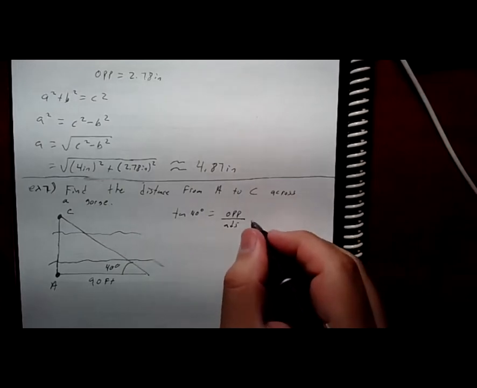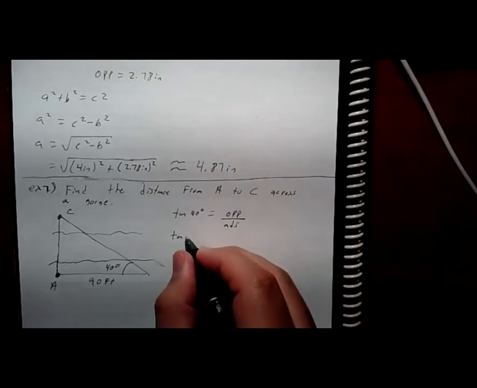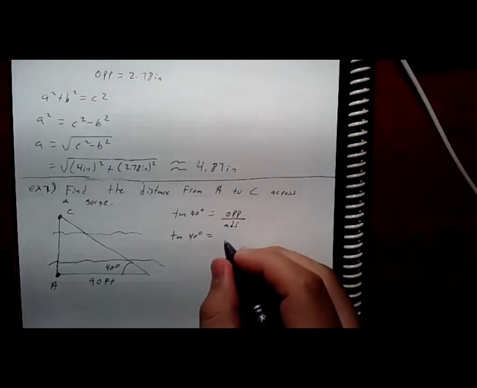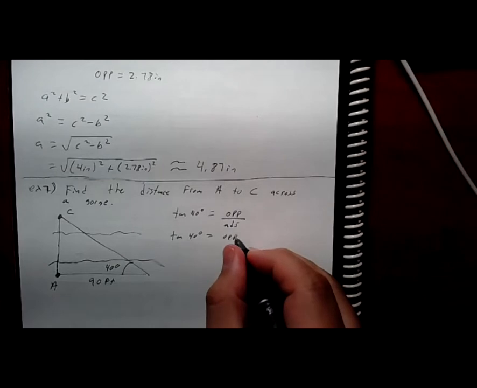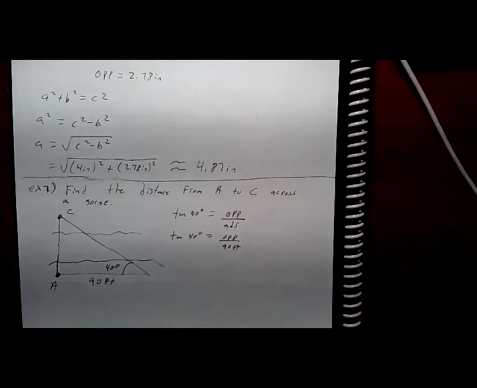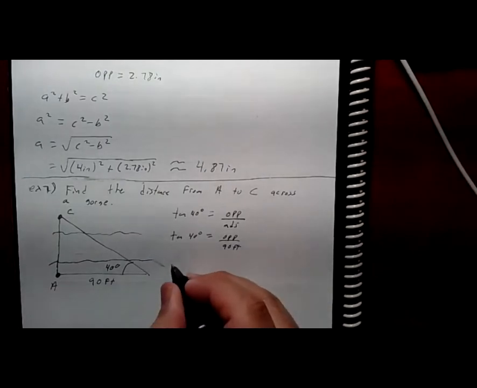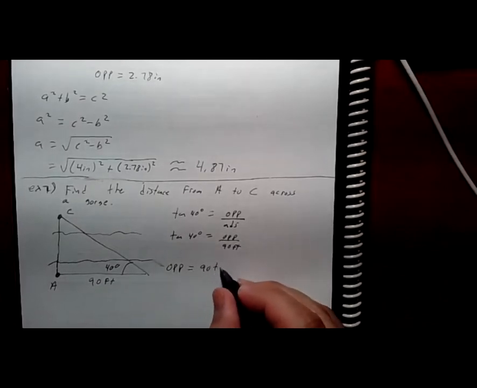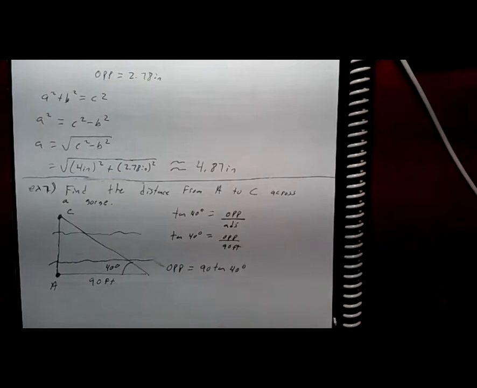And we currently have tangent 40 degrees equal to opposite over 90. So opposite is equal to 90 tangent 40 degrees, right?